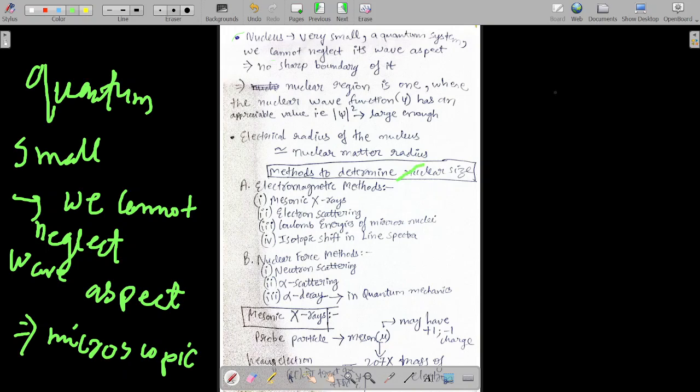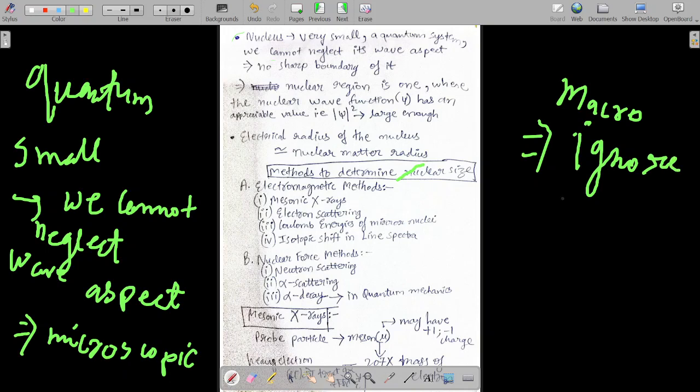In the macro world, we can ignore the wave aspect. So the nucleus is a very small quantum system, so we cannot neglect its wave aspect.